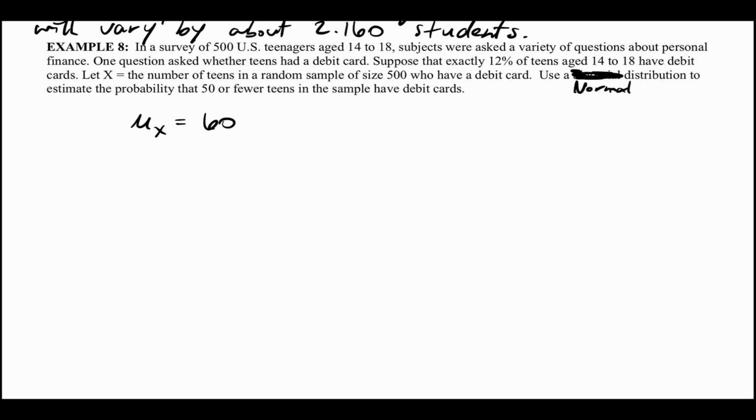If I keep doing that, 59 out of 499, 58 out of 498, would it affect the probability? We're getting to 50. But why does that not matter in this question? That's my question. Why does that not matter in that question?